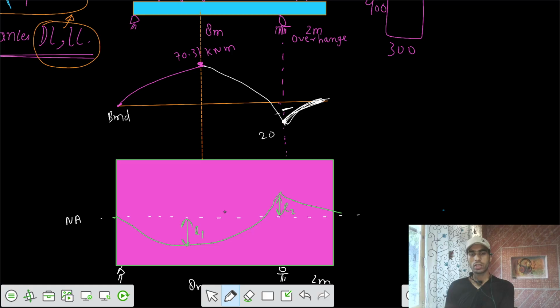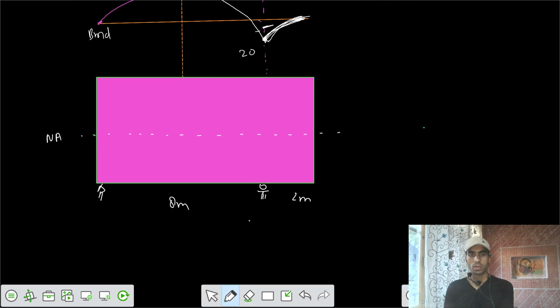We need to solve for these two, E1 and E2. So this should be the profile of the cable.